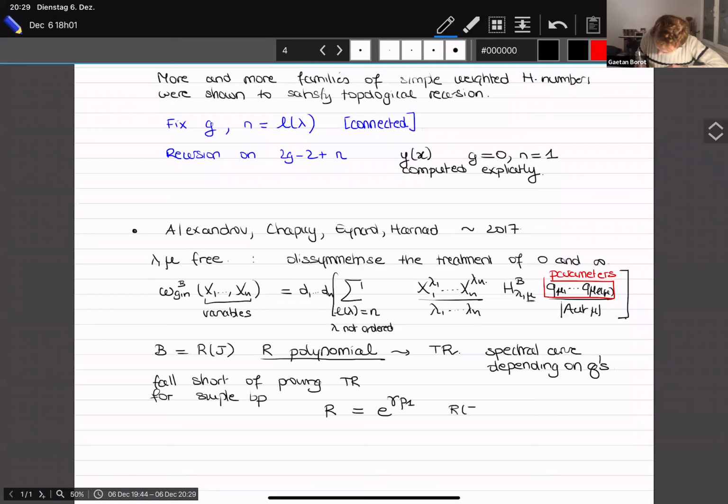Because then the R of j would actually be the sum over k of gamma to the k, and then the product of k arbitrary transpositions, with a k factorial. So it cannot do this case, which was a bit of a pity.